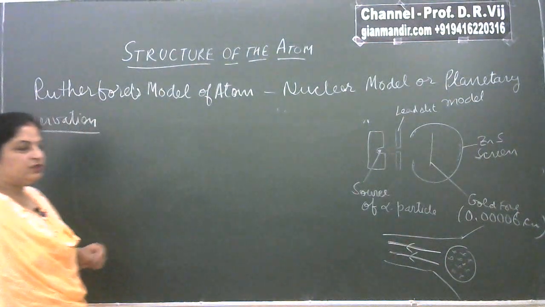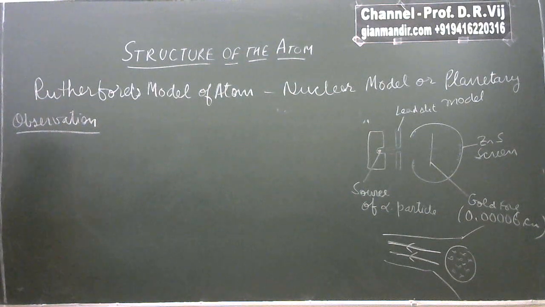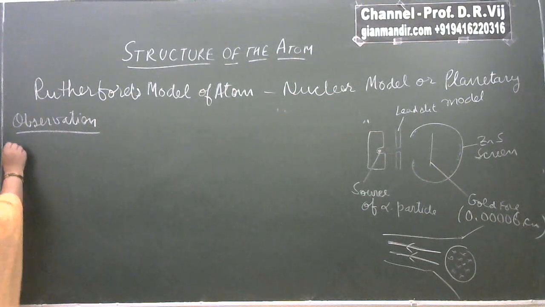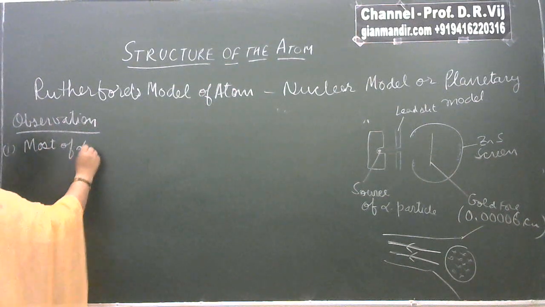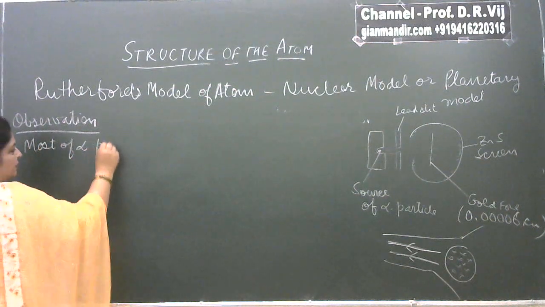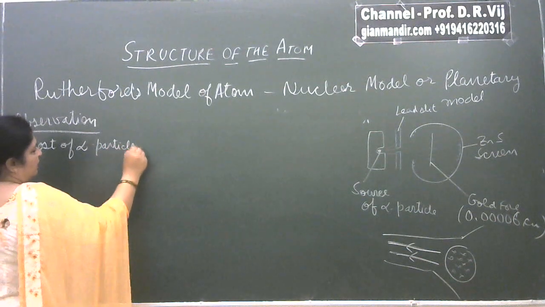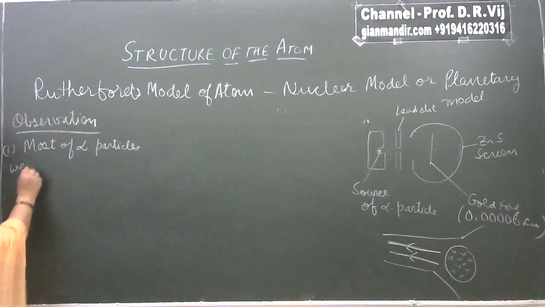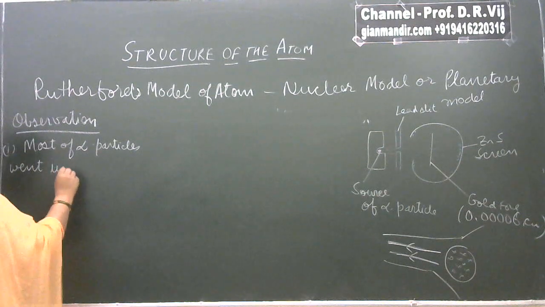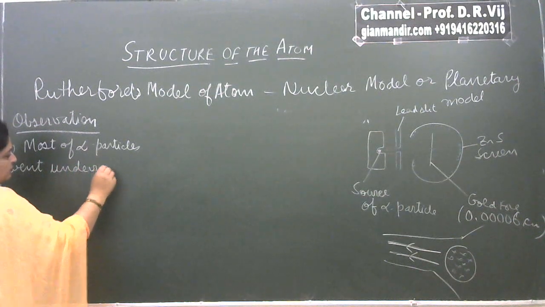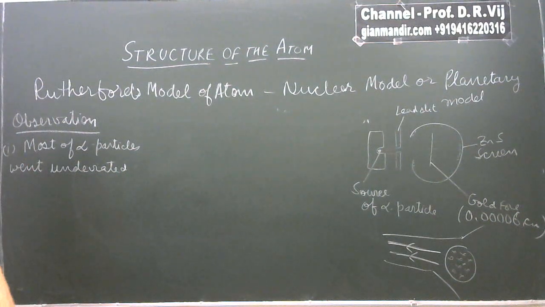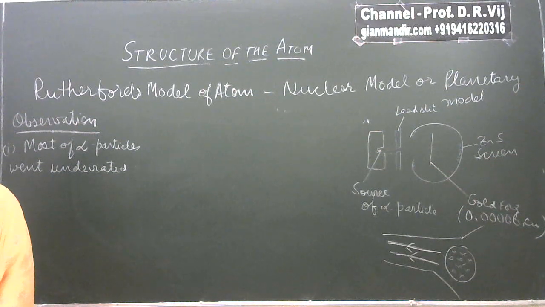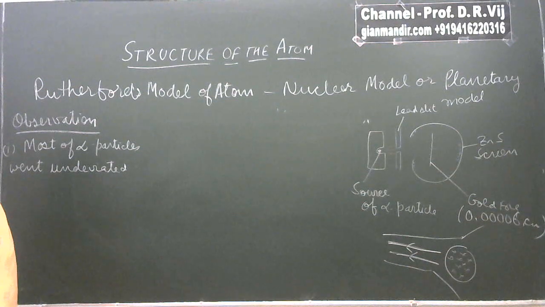So whatever observations Rutherford got here, first of all, he saw that most of the alpha particles went straight, undeviated. There was no deflection observed from their path.